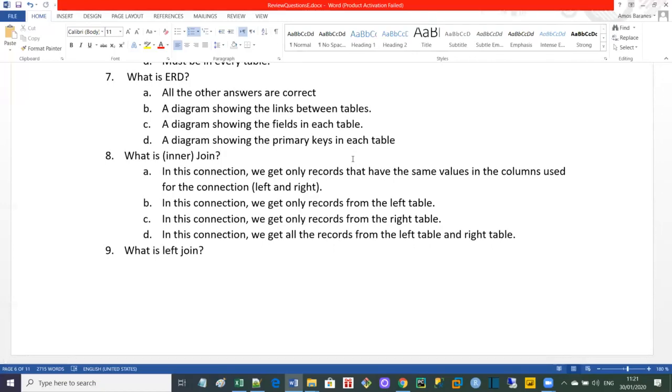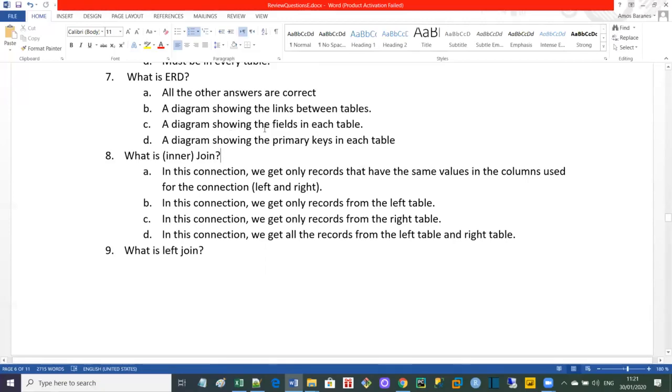We used the diagrams in Microsoft SQL, and we connected the primary keys to the fact tables, okay? And that chart is known as ERD, which stands for Entity Relationship Diagram, okay?